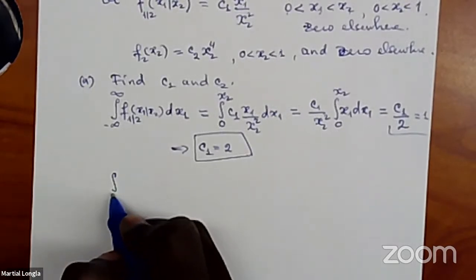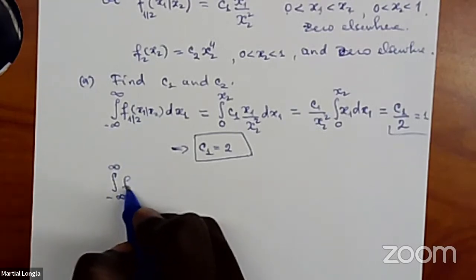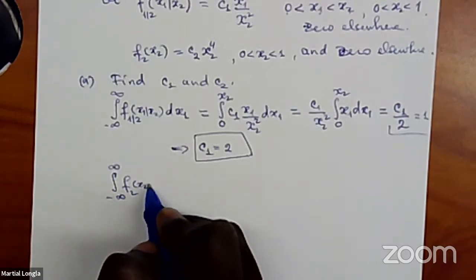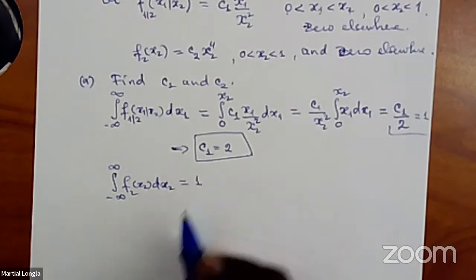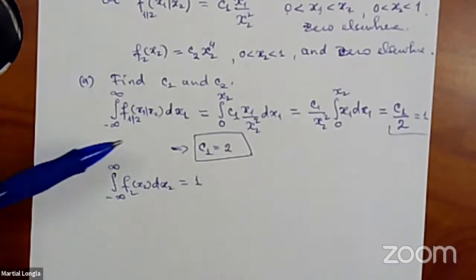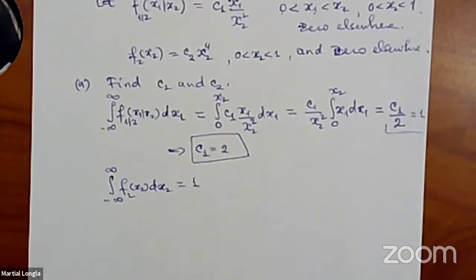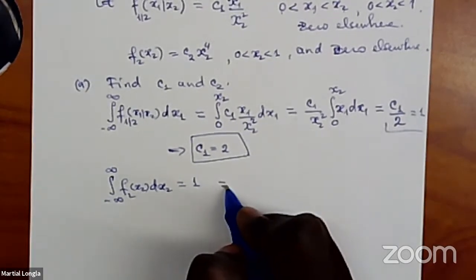And same thing now for f2: the integral from negative infinity to infinity of f2 of x2 dx2 equals 1 as well, because it is a distribution of x2. Now we want to integrate.